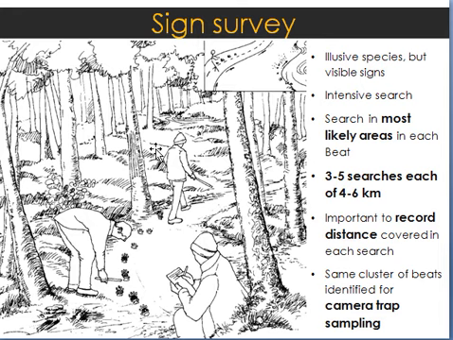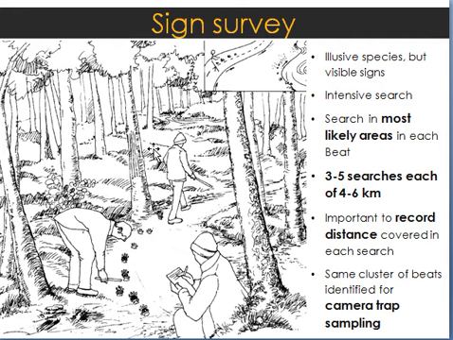Now, here are some key points under sign survey. Sign survey is also used for some other species, such as elusive species with visible signs. Then, an intensive search, then a search in the most likely areas in each beat of any forest, with 3 to 5 searches, each of 4 to 6 kilometers.